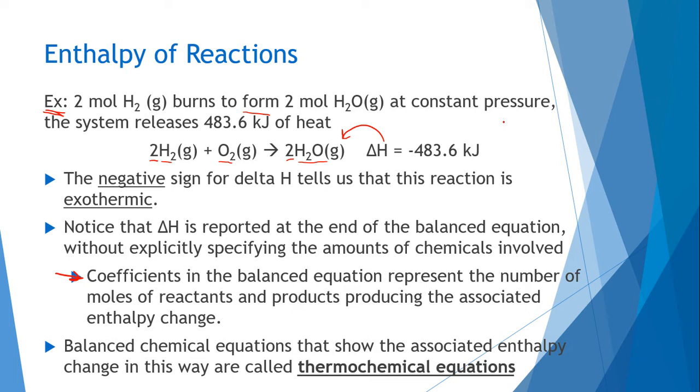So for example, if I was looking at H2, this reaction has negative 483.6 kilojoules per 2 moles because I have a coefficient 2 here. So that stands for my 2 moles. Whereas if I was doing oxygen, for every negative 483.6 kilojoules, that's for every 1 mole because my coefficient is 1. We tend to call these balanced chemical equations that have the delta H values with them thermochemical equations.